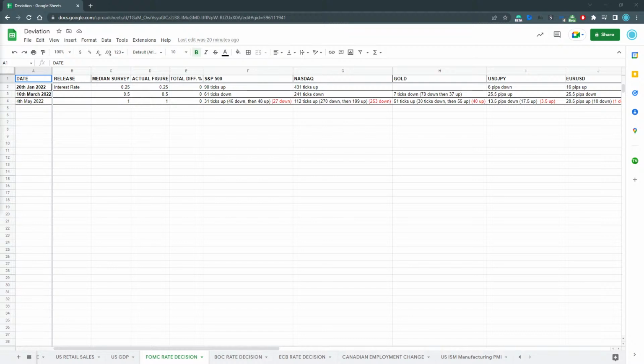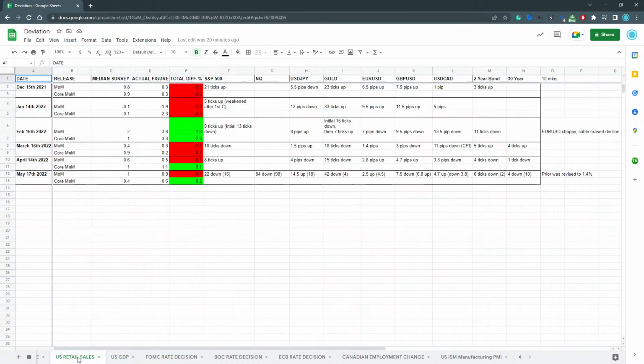But yes, as said, for looking at deviations and going into more detail about how the markets have reacted in the past to previous releases, and to gauge what to expect, the deviations are something that I provide to the subscribers of the mailing list that we have. This is put out on a Sunday for the releases ahead in the following week.